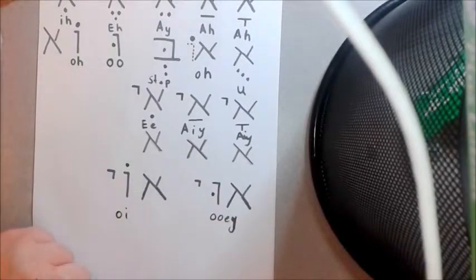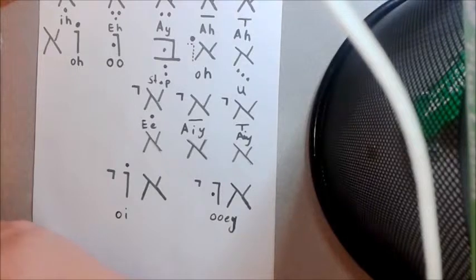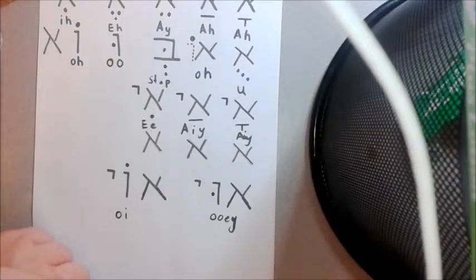I'm going to write it like that. It's kind of oi. It's like goy. Goyim. That word is where you'll see that kind of vowel show up. If it helps you, oy vey. That's Yiddish, but it's the same kind of sound.